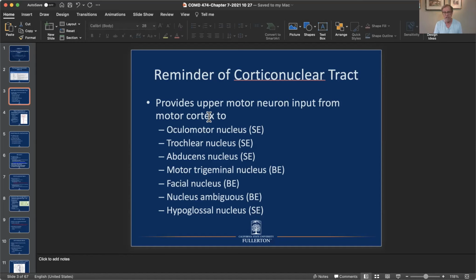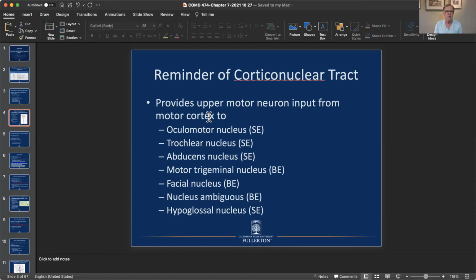The facial nucleus does for muscles of facial expression. Nucleus ambiguus does for control of the throat and the larynx, and the hypoglossal nucleus for control of the tongue. So those are the nuclei. How many are there? 7, I guess, that receive input from the cortical bulbar or cortical nuclear tract. It's 2 names for the same thing: cortical bulbar or cortical nuclear.